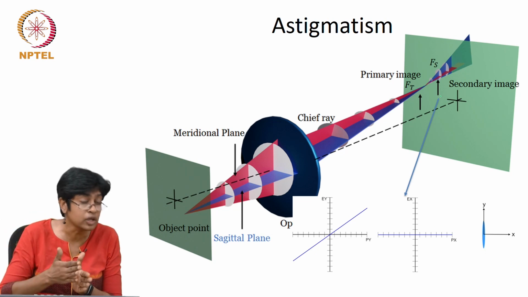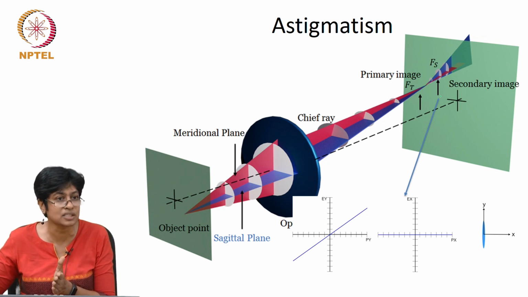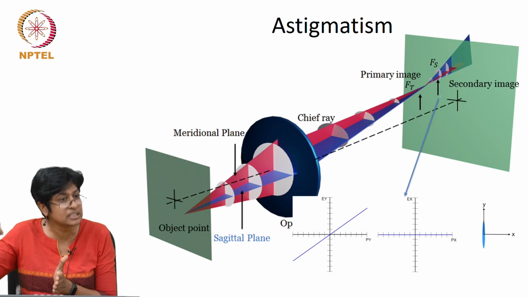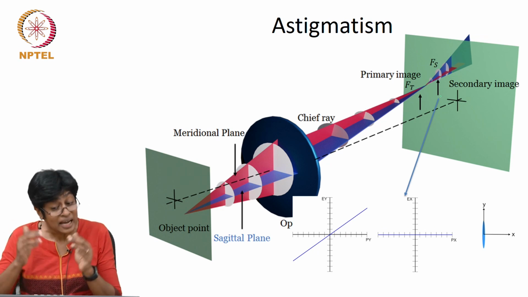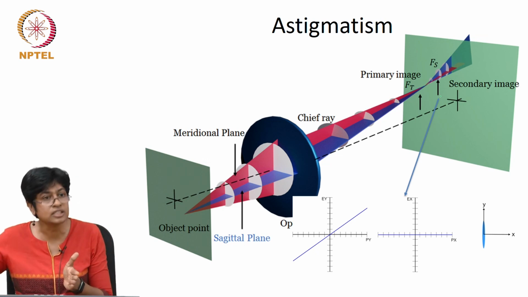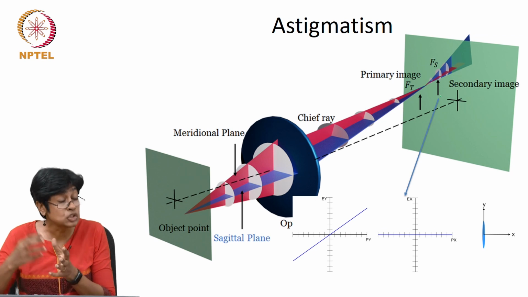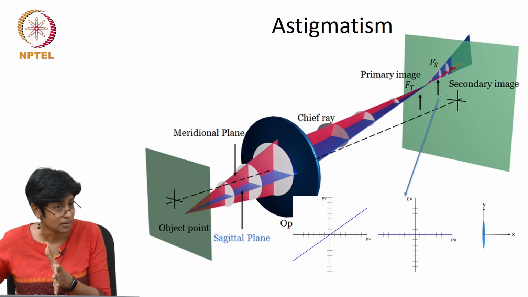And then we moved along the optical axis till we found the plane or the circle of least confusion, and we said that's the best focus if your system has spherical aberration. Again, in astigmatism, you find that the focus varies along the optical axis, but it's not varying in terms of a circle of different diameters.